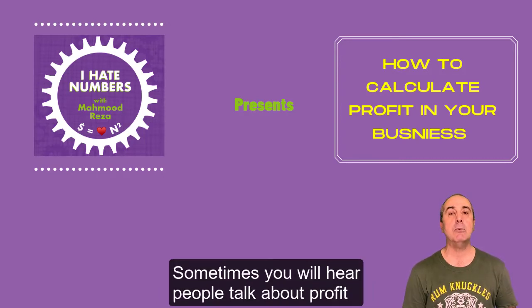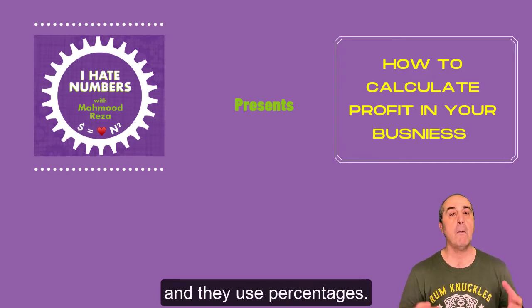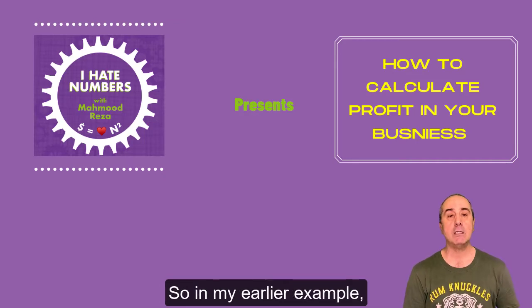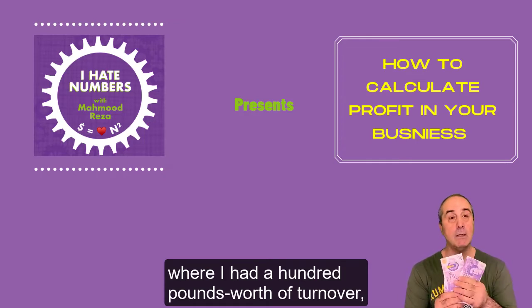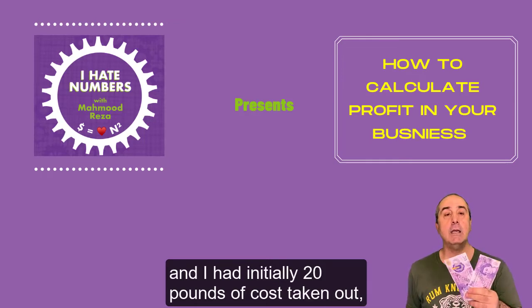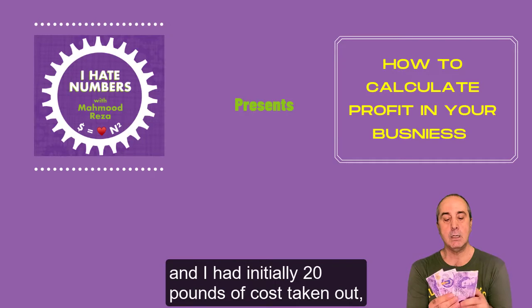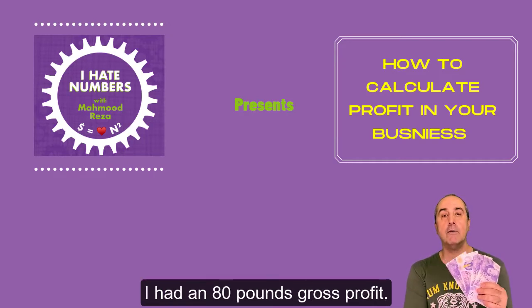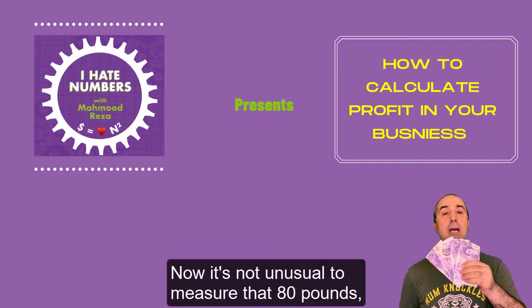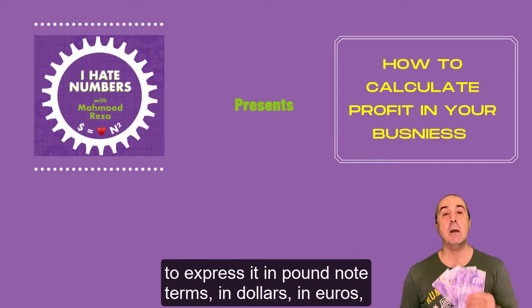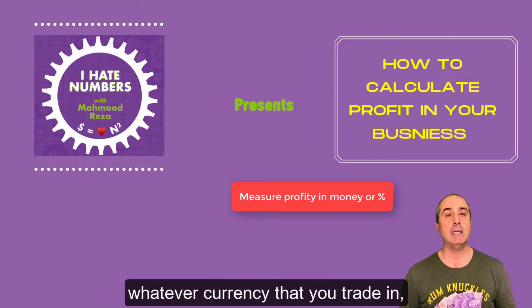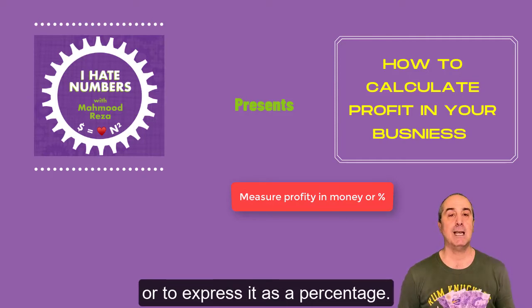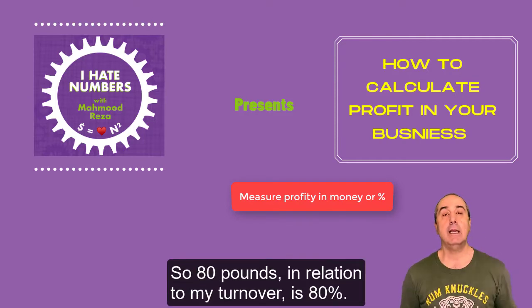Now, in terms of that measurement, let's revisit those numbers. Sometimes you'll hear people talk about profit and they use percentages. So in my earlier example, where I had £100 worth of turnover and I had initially £20 of cost taken out, I had an £80 gross profit. Now, it's not unusual to measure that £80 and express it in pound note terms, in dollars, in euros, whatever currency that you trade in, or to express it as a percentage. So £80 in relation to my turnover is 80%.